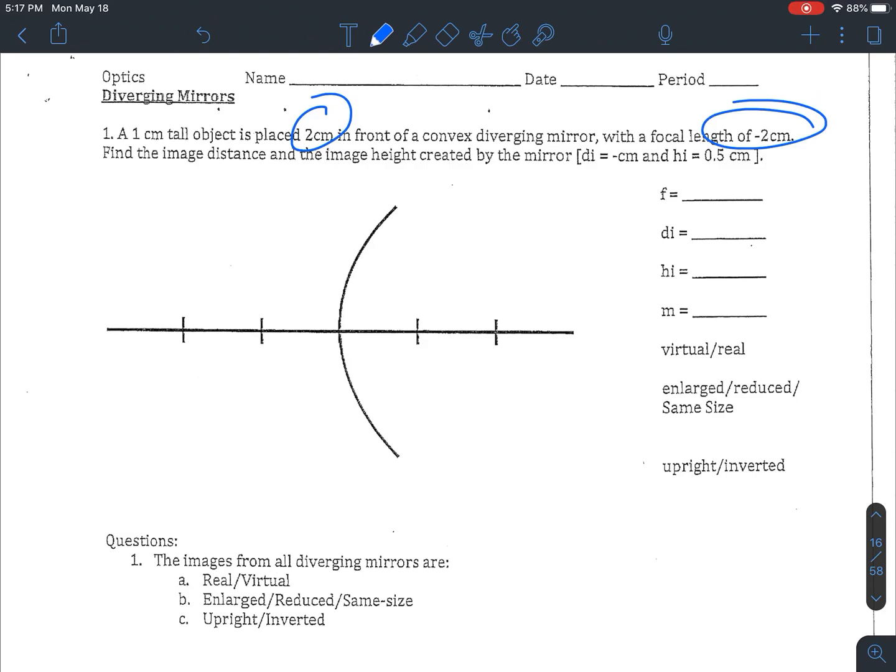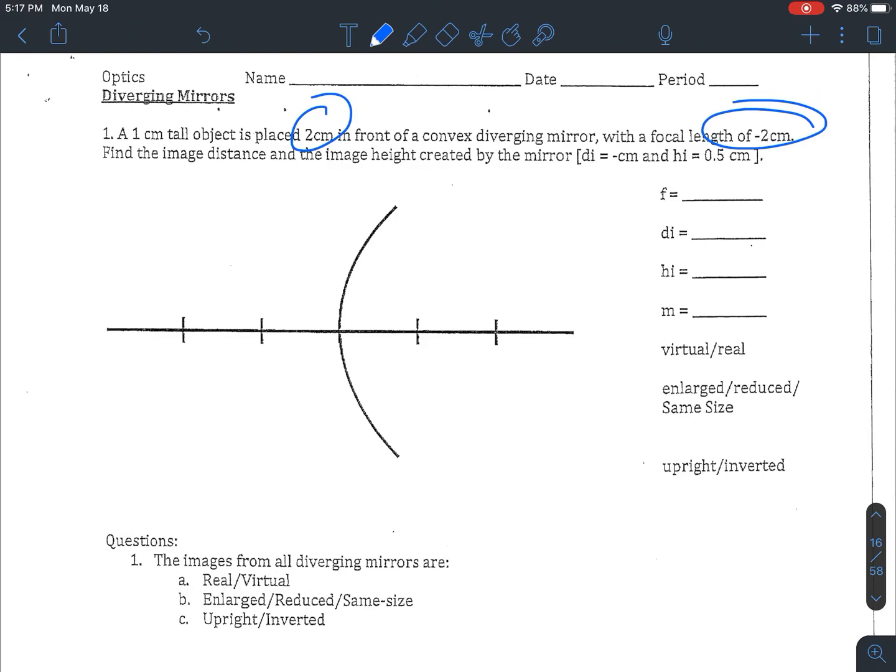So that's going to change how we draw our light rays a little bit. Keeping in mind it is a mirror, so when you look in mirrors, I'm sorry, the image appears to come from behind the mirror, where we know that the light is not actually converging there.